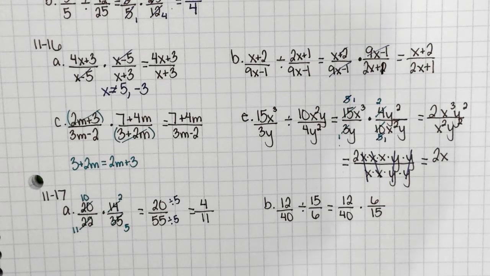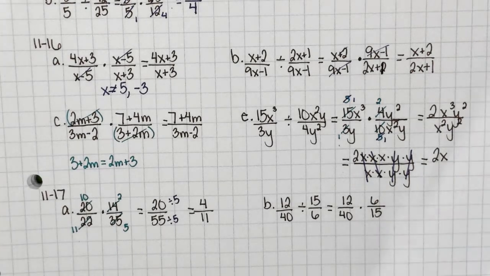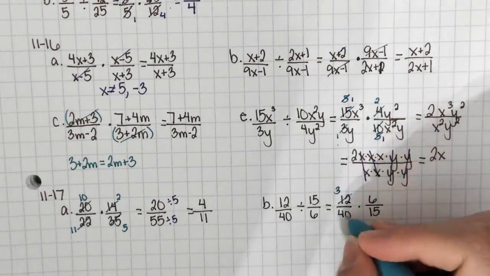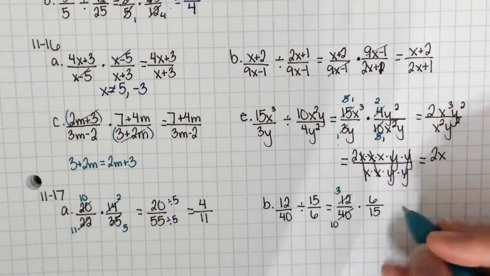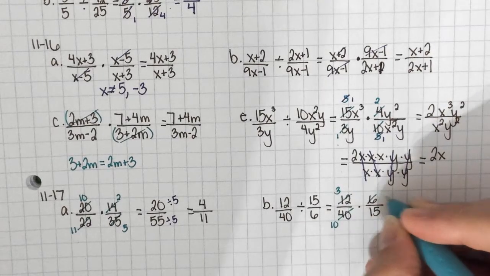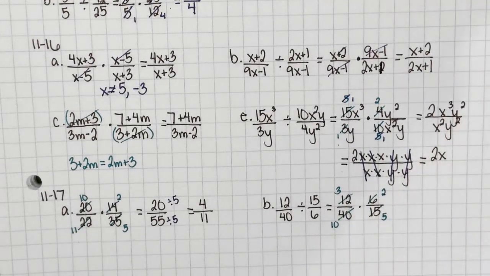They don't work that way. So if I simplify here, let's see, 12 and 40, 4 goes into both of those. So 4 goes into 12 3 times, 4 goes into 40 10 times. Here, 3 goes into 6 and 15, so 3 goes into 6 twice, and 3 goes into 15 5 times.